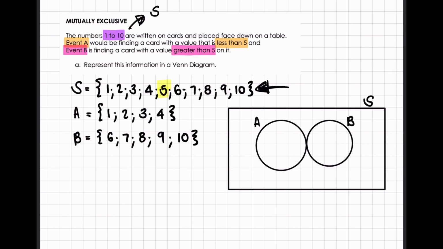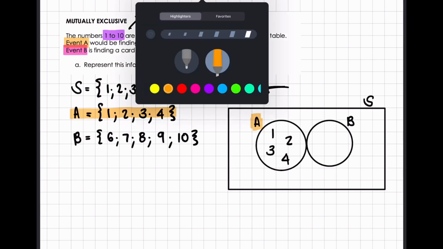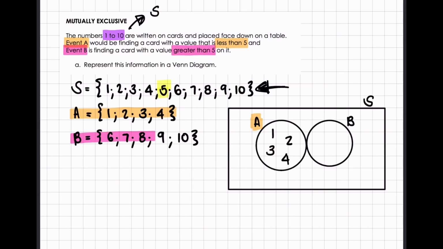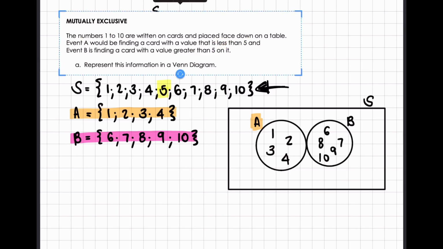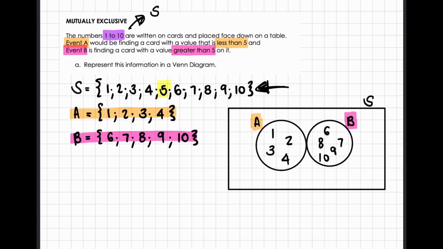For event A, I'm simply going to take my values and put them in event A's circle. So I have the values 1, 2, 3, and 4. Then I'm going to take event B. I have the numbers 6, 7, 8, 9, and 10, and I'm going to place them within my second circle, the circle that is labeled event B. Now what you can notice is that there is no 5.